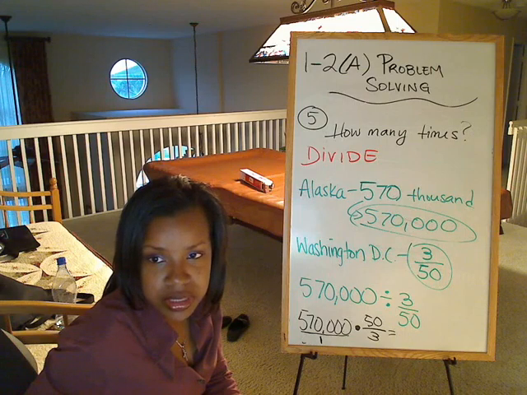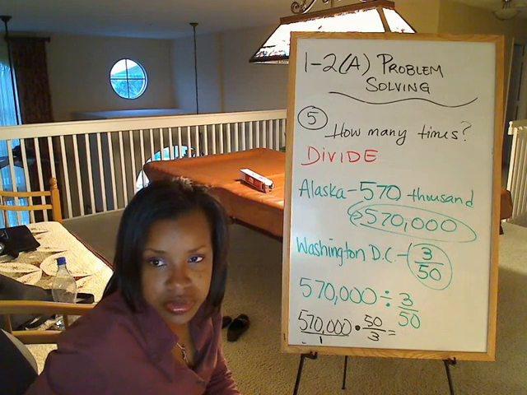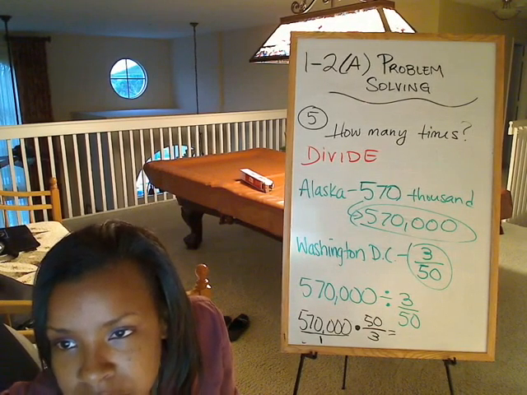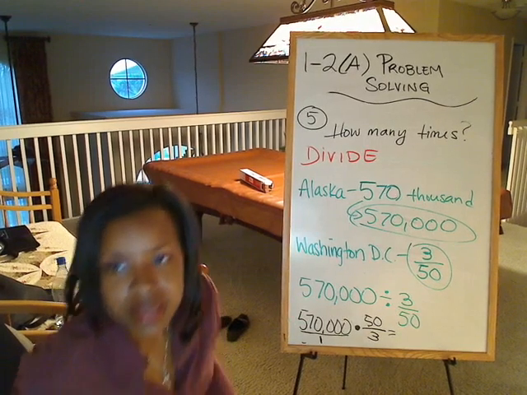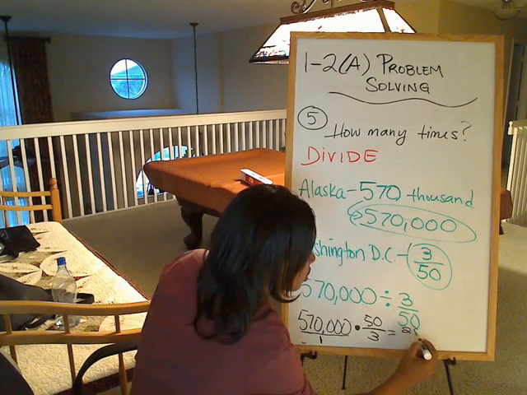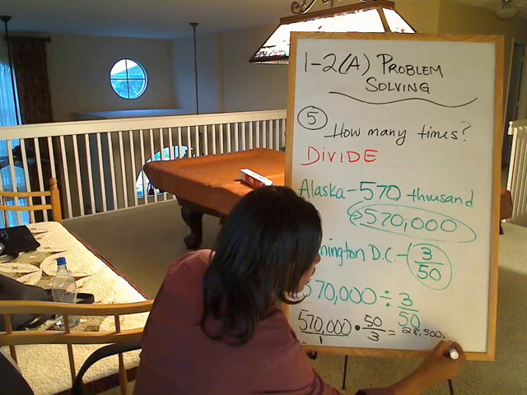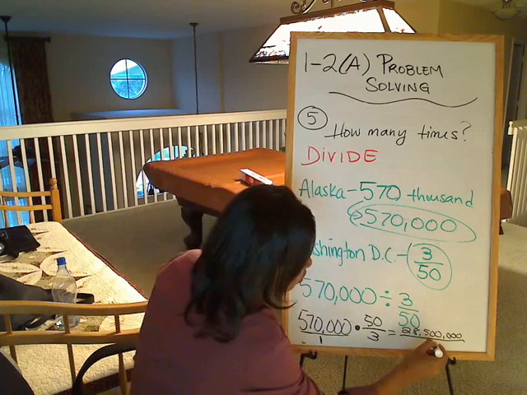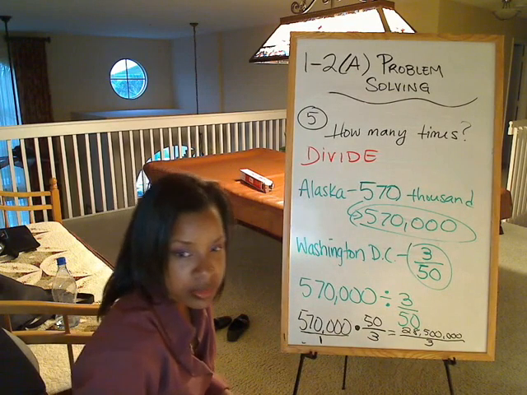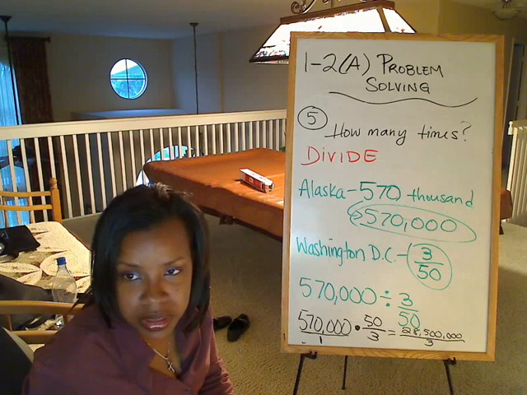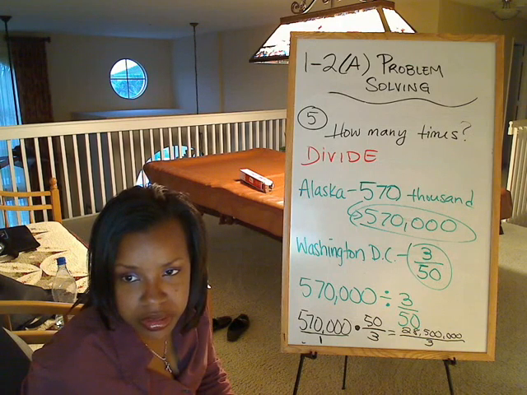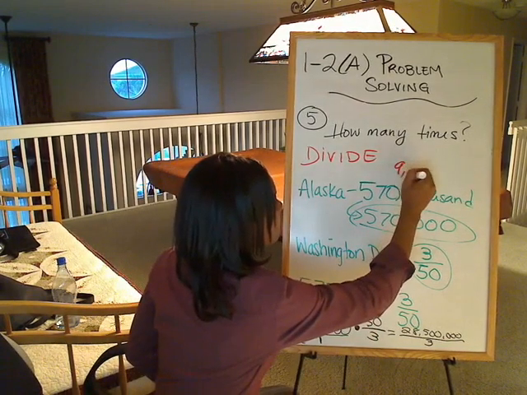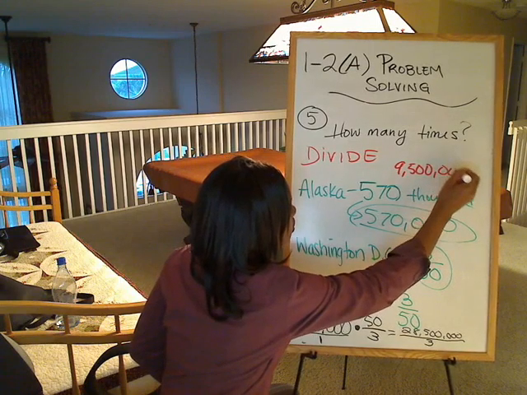Times 50 gives you 28 million. Sorry, 28,500,000. 1 times 3 is 3, and then in the end you just divide by 3. 28,500,000 divided by 3. And the final answer you get comes out to be 9,500,000.